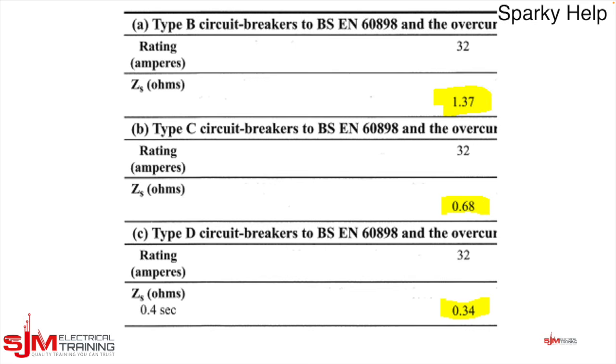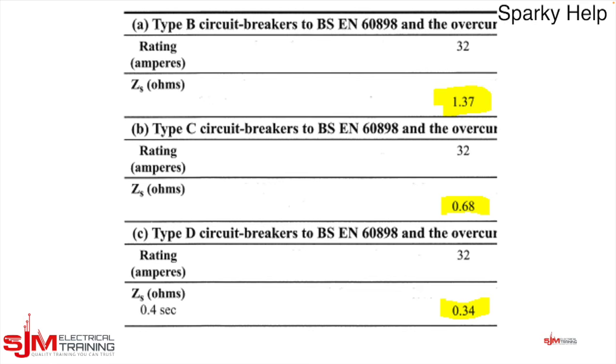In all cases, those people who changed B's, C's and D's, go up a type, they probably do resolve the nuisance tripping, because it probably doesn't trip anymore. But then, as I've said to them, you may as well have stuck a nail in some cases, because it may not disconnect at all. As an example, a Type C there, 0.68. If you have a TN-S installation within the UK, your Ze could be up to 0.8 of an ohm.